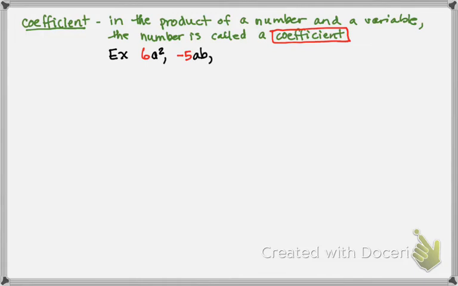If I have 3x, 3 is the coefficient. So in these cases, 6, negative 5, and 3 are all coefficients.